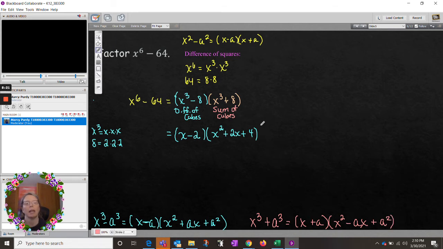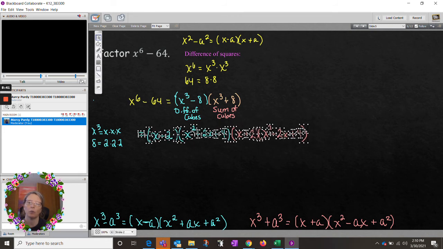So it's going to be my x term plus my a term. So x plus 2 times x squared minus 2 times x plus 4. So that's my answer, factoring it using a difference of squares first.